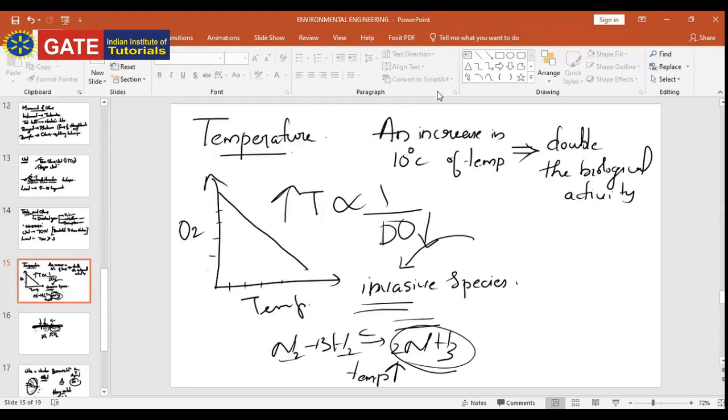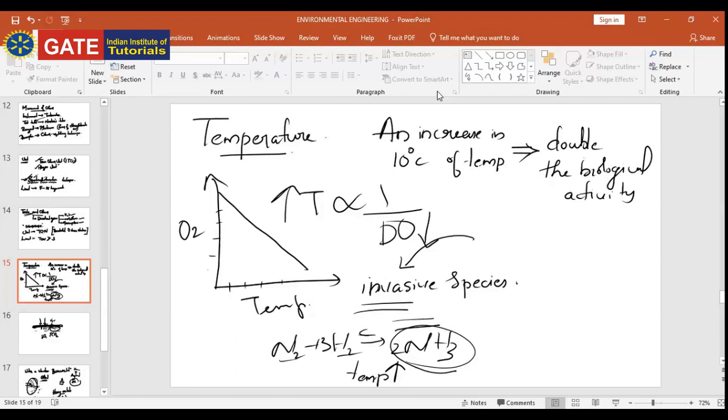So if temperature increases, algal bloom goes on increasing in a rapid manner. Even though a few aquatic organisms are depleting, a certain fraction of plants is blooming apart from that. So that much activity is increasing on the other side.